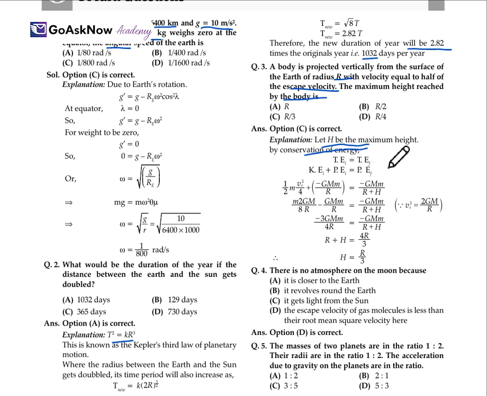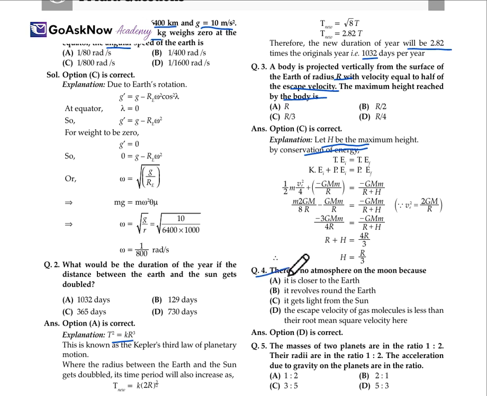We write the values for both initial and final, substitute the formulas and simplify, keeping R and h on one side, as we have to find the maximum height. So R plus h is equal to 4R upon 3, then h will be equal to R upon 3. So the maximum height will be R by 3.